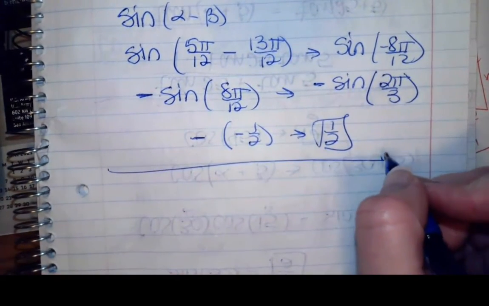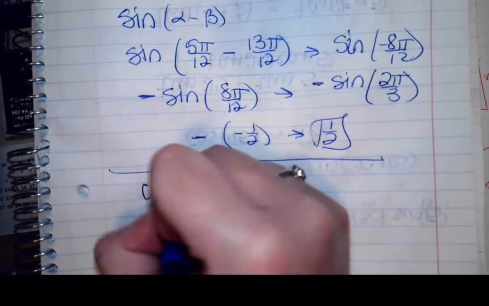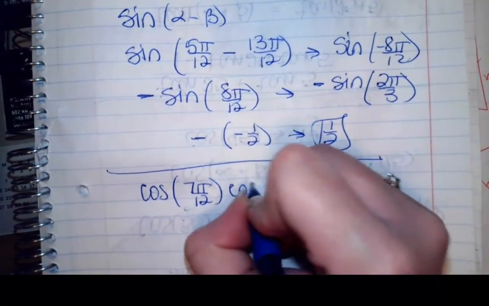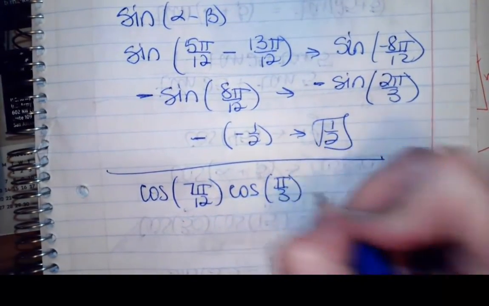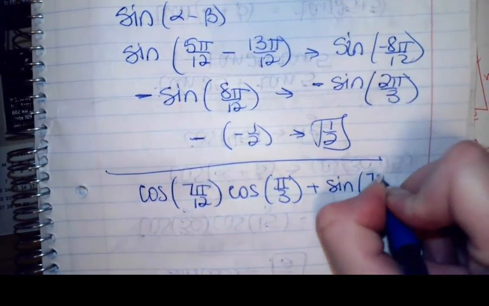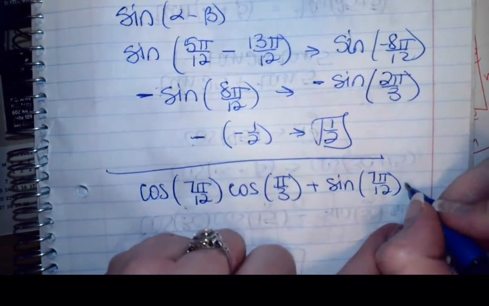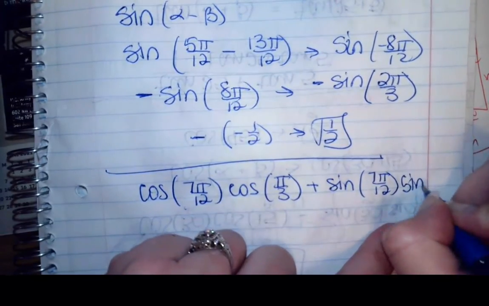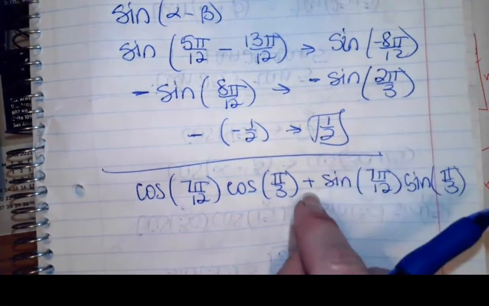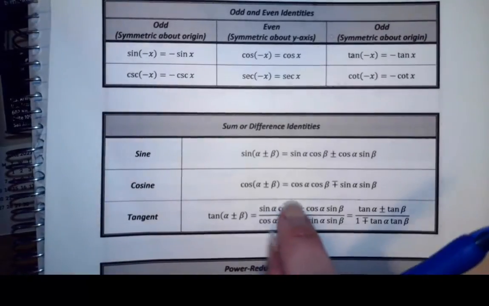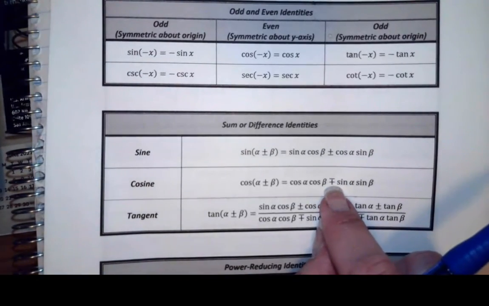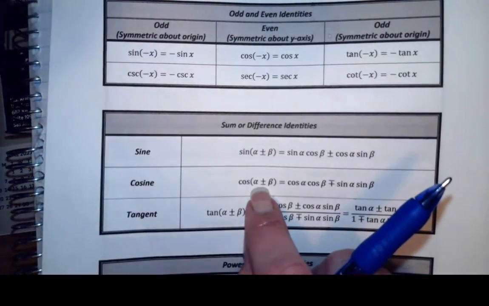So I've got cosine of 7 pi over 12 and cosine of pi over 3. And then I'm going to add the sine of 7 pi over 12 times the sine of pi over 3. Okay, so I've got cosines plus sines. Since it's addition, addition is on the bottom, so I'm going to pay attention to subtraction on the bottom.